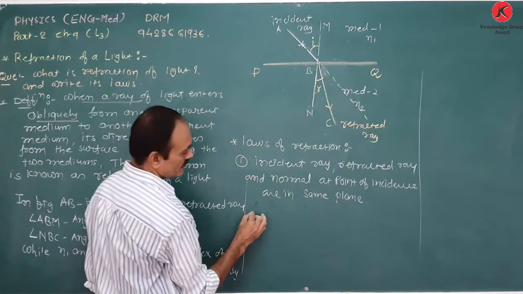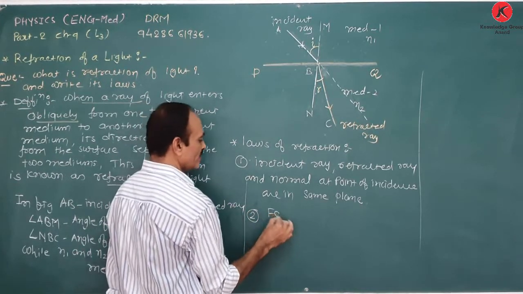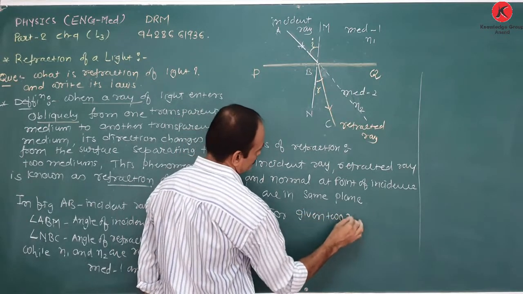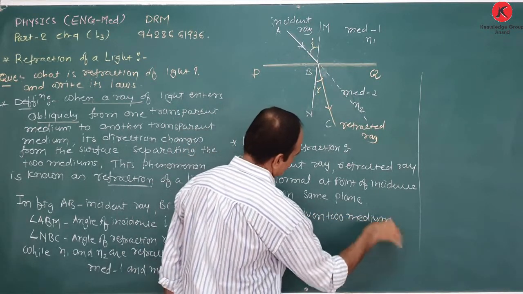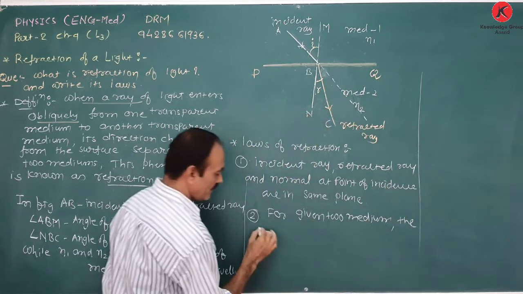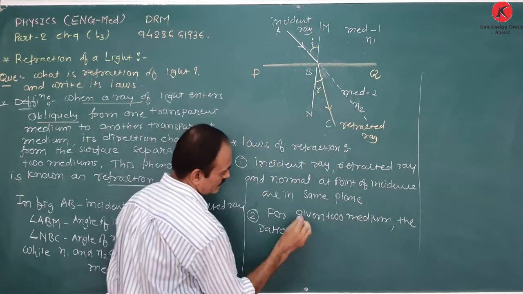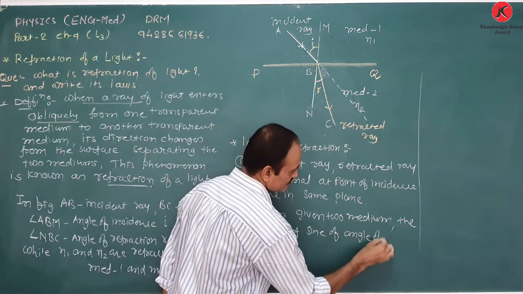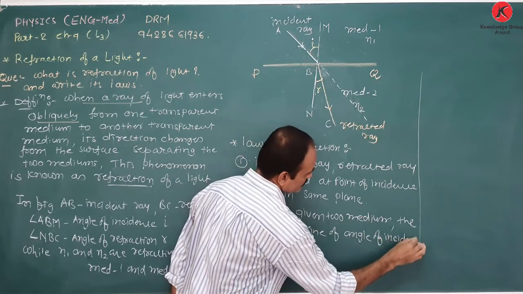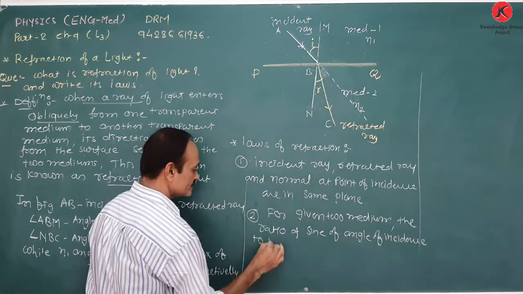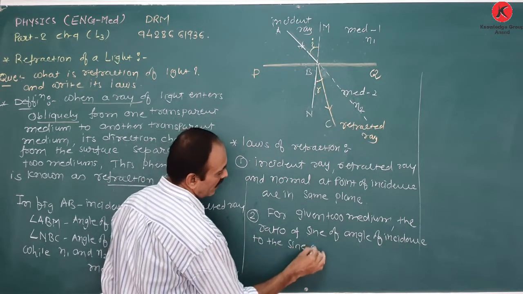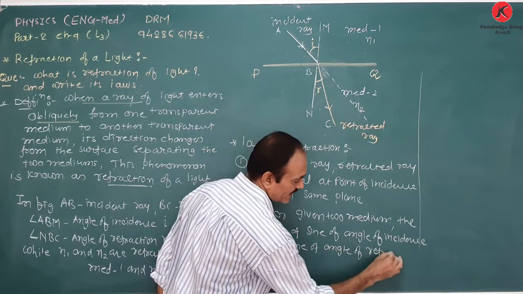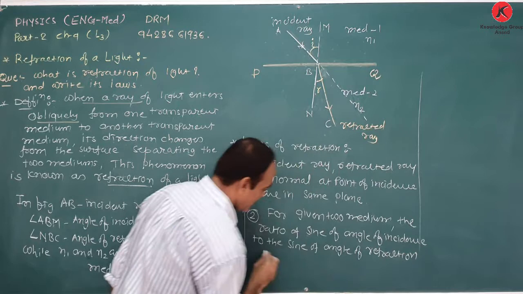Now the second law: for a given pair of media, the ratio of the sine of the angle of incidence to the sine of the angle of refraction remains constant.